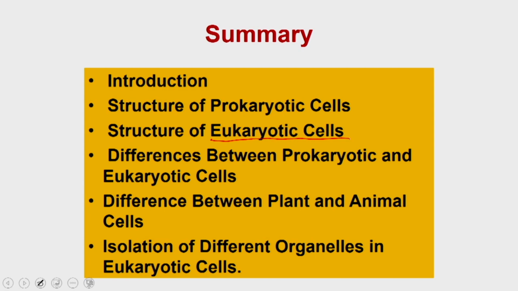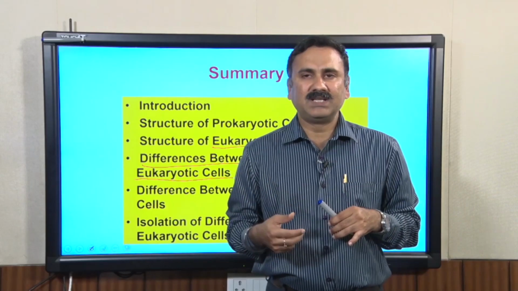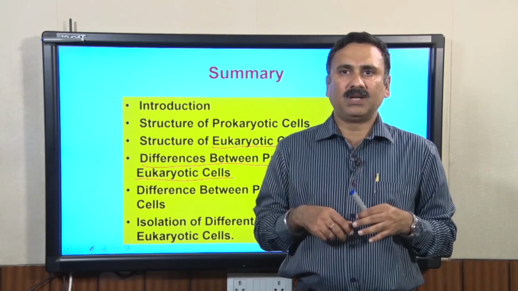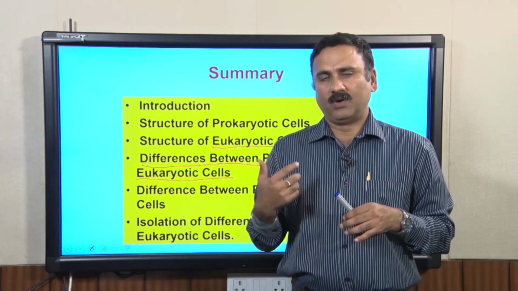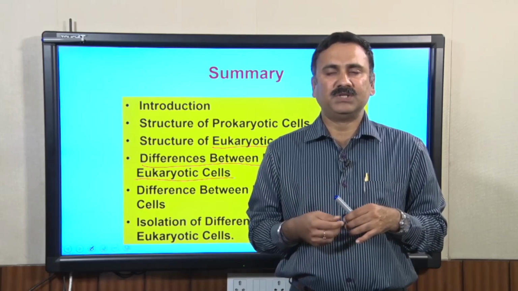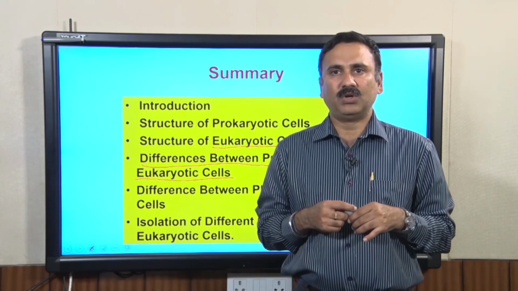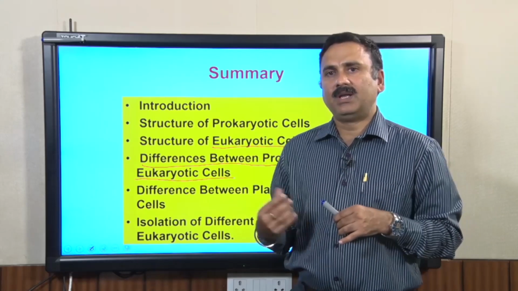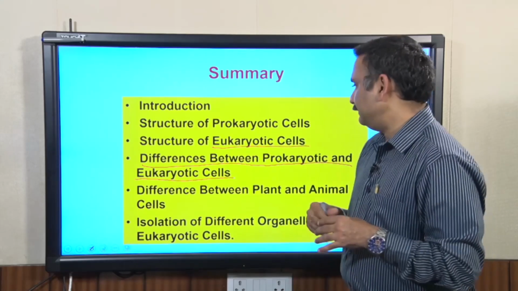Then we also discussed the crucial and significant differences between the prokaryotic and the eukaryotic cell. These differences are important because once you know them, you can exploit the prokaryotic cell or the eukaryotic cell for downstream applications in biotechnology, depending on the application.